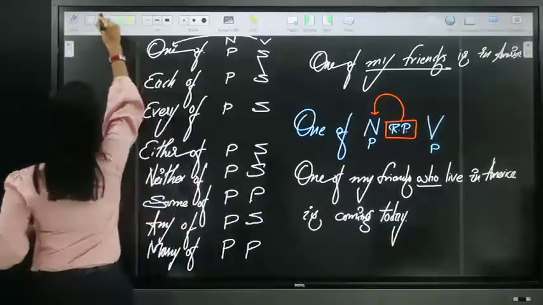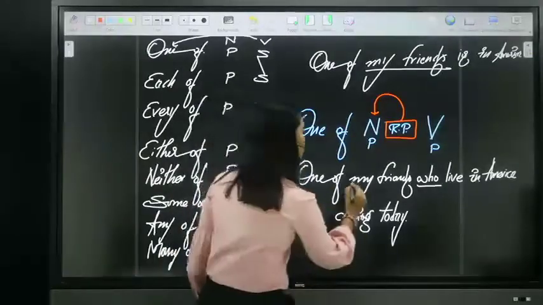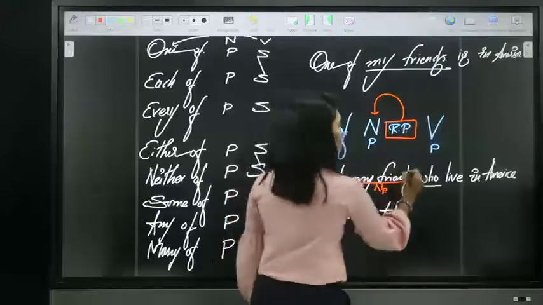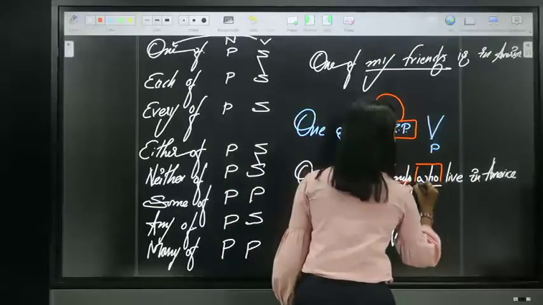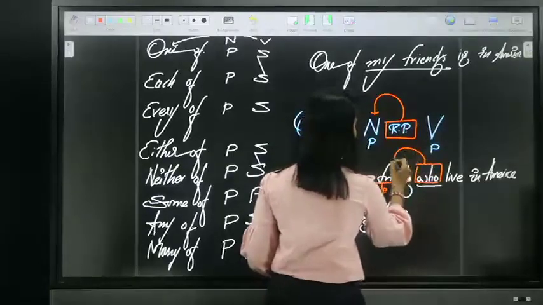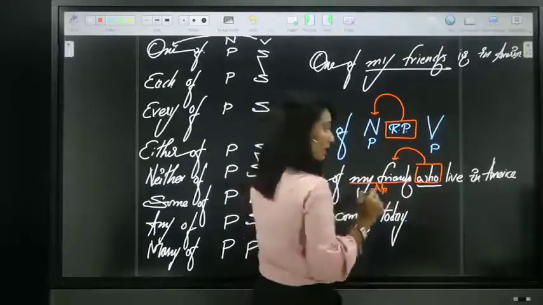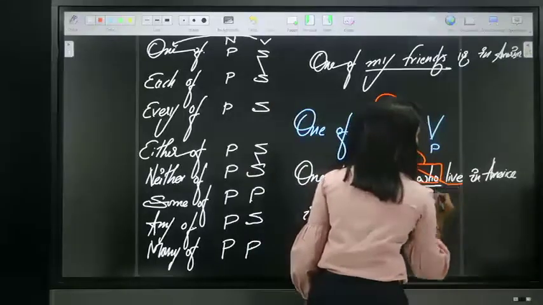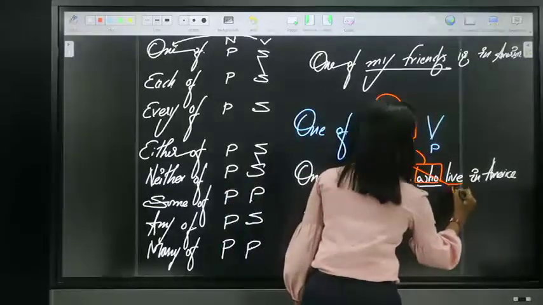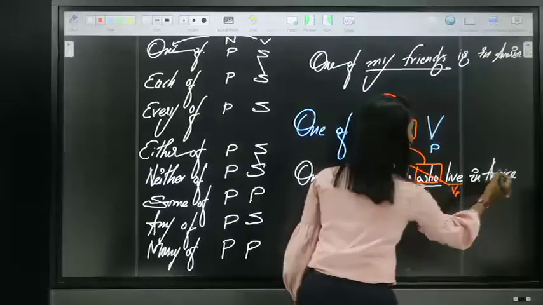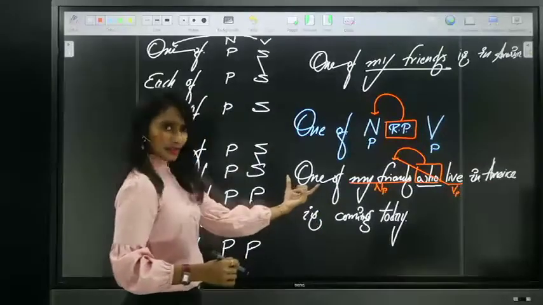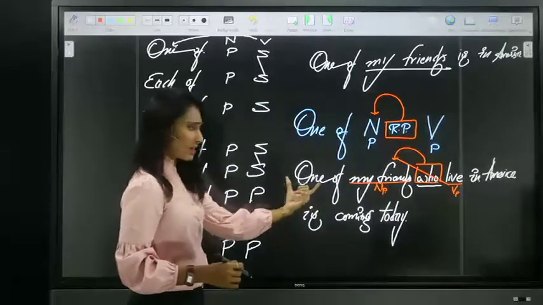Now, if you look at this sentence, one of my friends, plural noun, who is a relative pronoun, and the subject of the relative pronoun is its antecedent, friends. Friends is plural, so we require a plural verb. Here is our plural verb, live. So, live is a plural verb, and the actual subject is one.